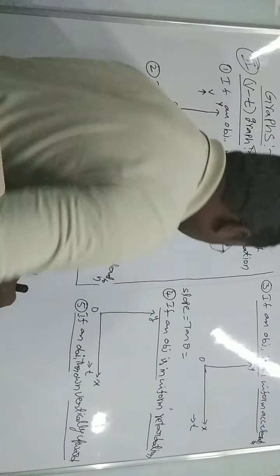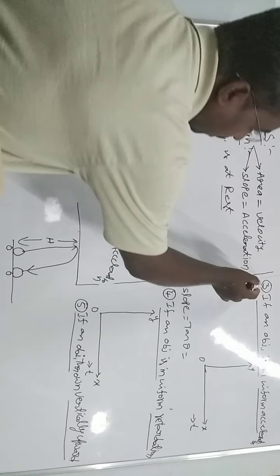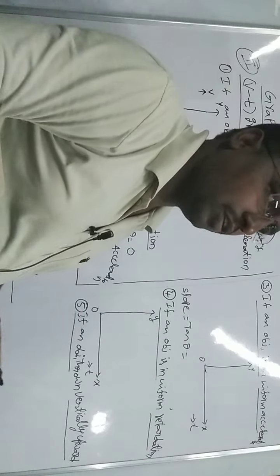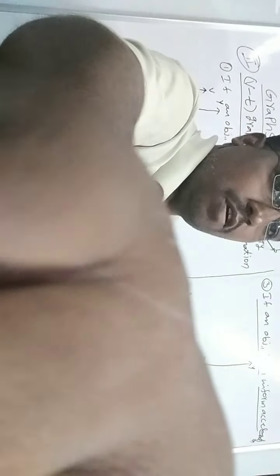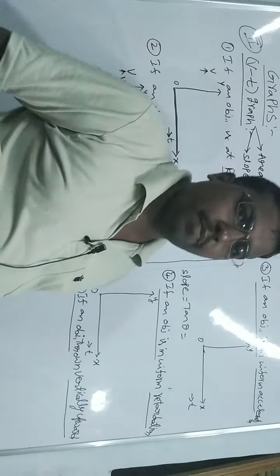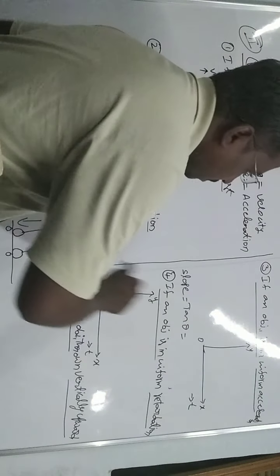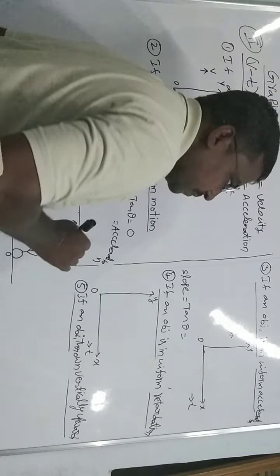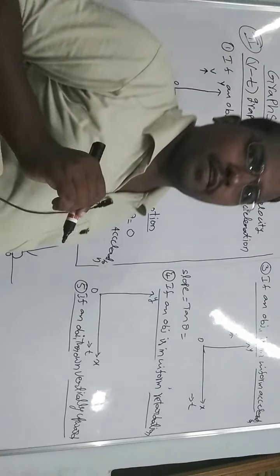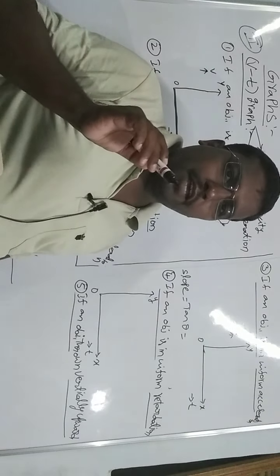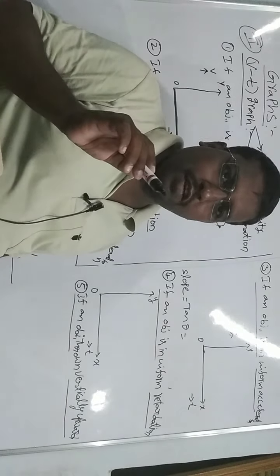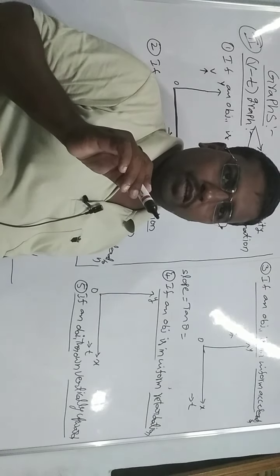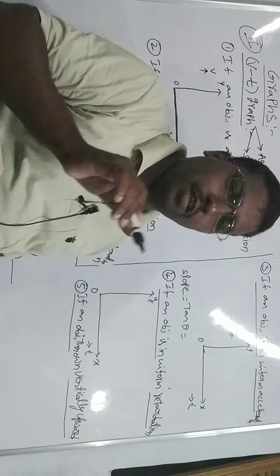Okay. Now we take the third one. If an object is in uniform acceleration, what happens? Uniform acceleration means as time changes regularly, velocity also changes equally.